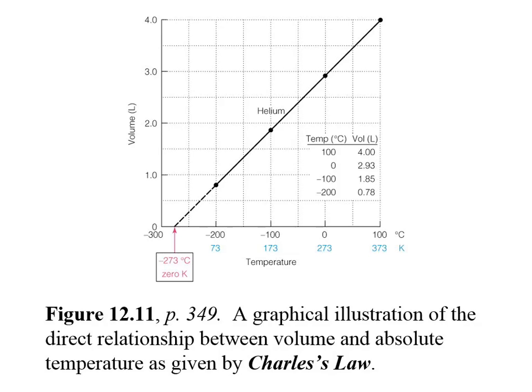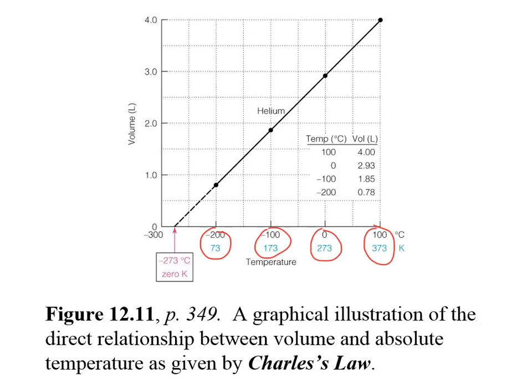So this is showing you a pair of temperatures. That temperature in black is the Celsius temperature. That temperature in blue is the Kelvin temperature. And they're all offset by 273.